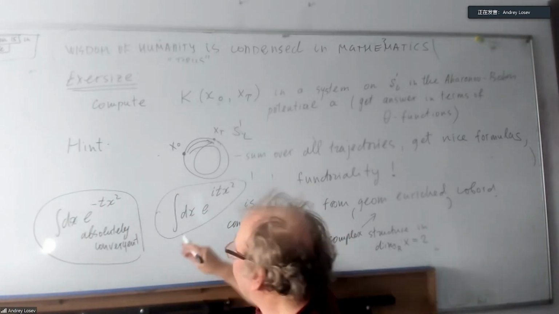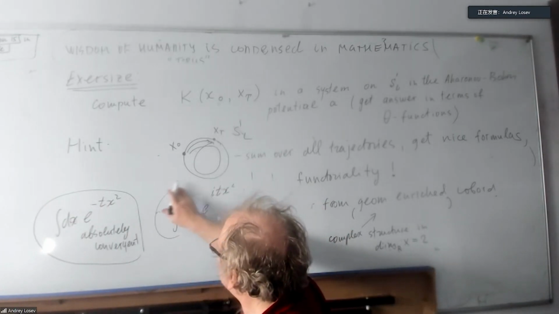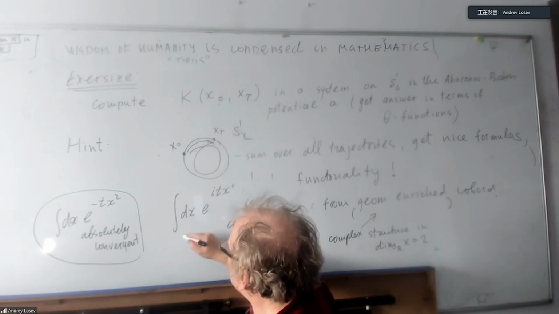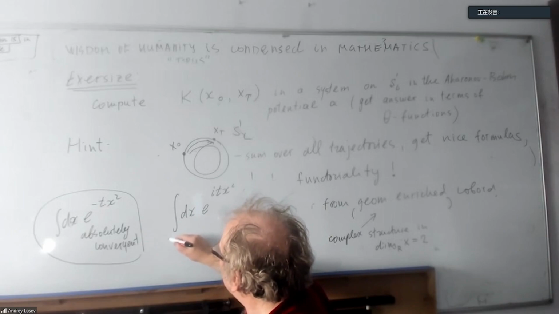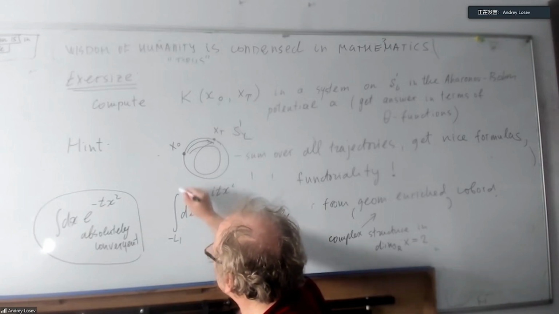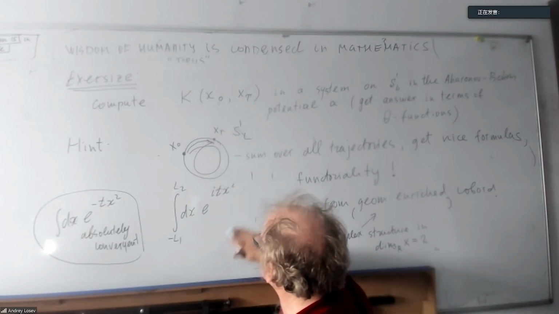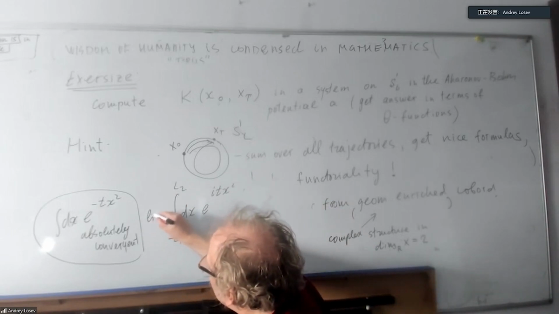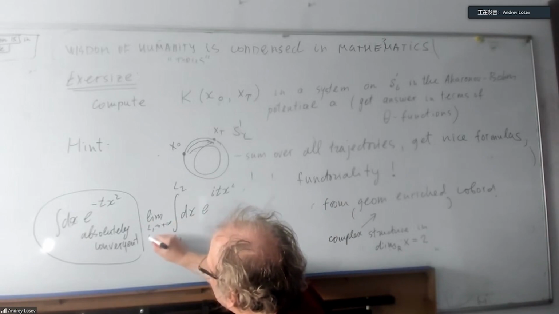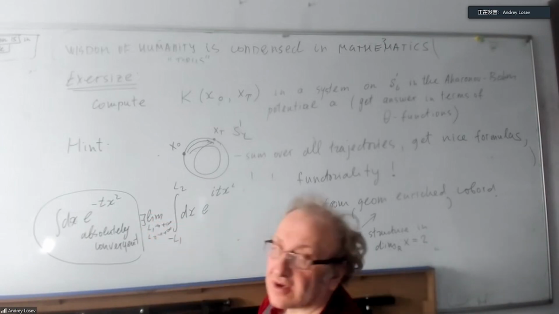What does it mean? It means that if you take limits from minus L1 to L2, and if you take L1 to infinity and L2 to infinity, such a limit exists.